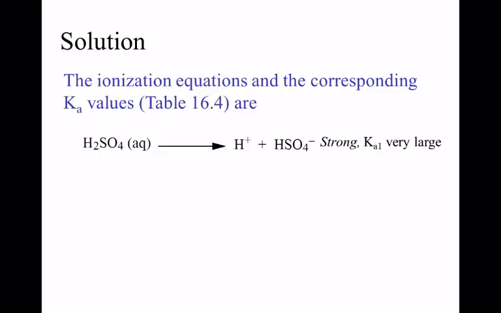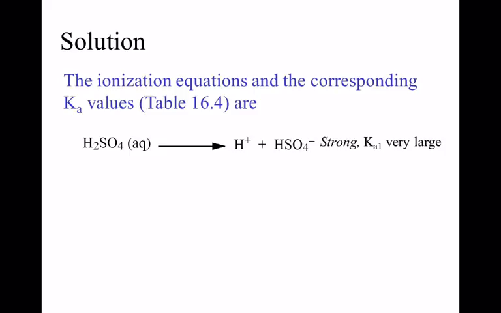So it looks like this. Sulfuric acid is one of the 6 or 7 strong acids you need to memorize. H2SO4, strong acid, one-way arrow, goes into H+ and HSO4-.